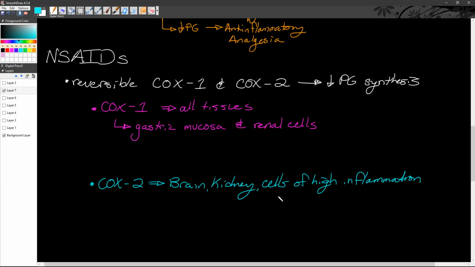What I mean by that is that when you have inflammation, it leads to an increase in COX-2 expression. So over time, as you have a finger you smashed in a car door, that's going to cause a lot of inflammation. And so as those cells continue to say, we're damaged, we're damaged, we're damaged, they start to produce more and more COX enzyme.